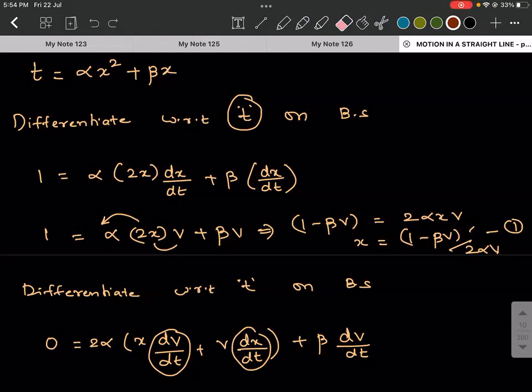Because d square x by dt square is what is acceleration. That is why differentiate.